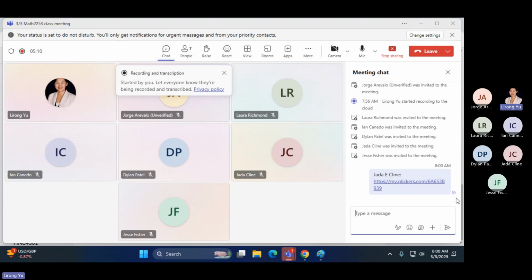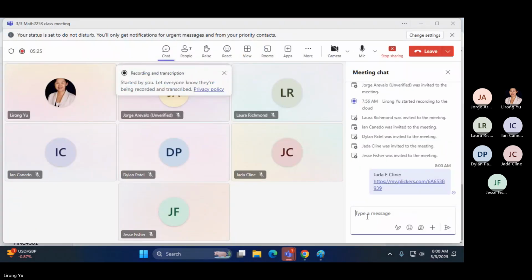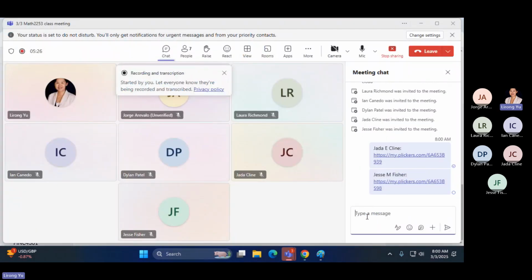You can bookmark this link or you can write it down. It's in the chat link. It will be the same link for both of you. Yeah, I can see. I'm sharing my computer screen, so on your side you can still be able to see it.